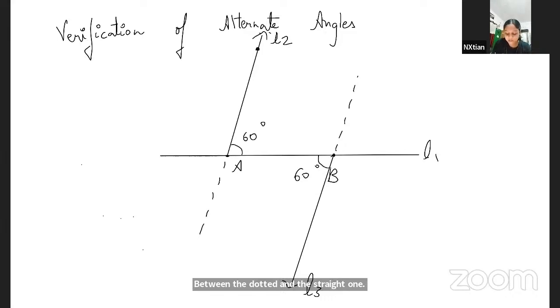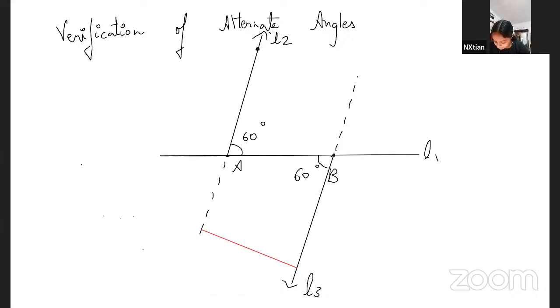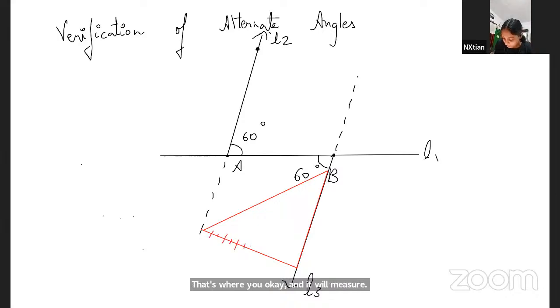I'm making a set square with the red lines. 4.9. Okay. So this way we will make the set square here, and it will measure the lines here, and here.